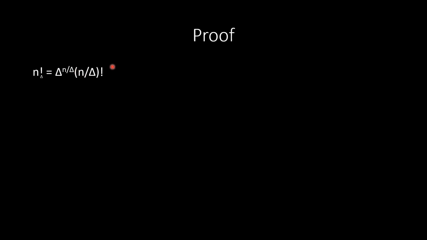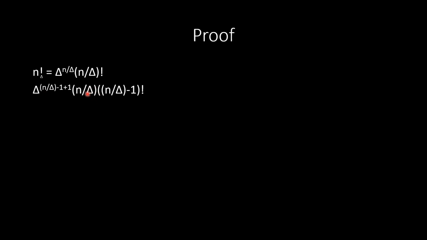And then as well, we'll take apart this factorial with the rule of the factorial being that x factorial equals x times x minus 1 factorial. Here this term says that x would be n over delta. So doing so, we have delta to the n over delta minus 1 plus 1, that's 0, and our x, n over delta, times the x minus 1 factorial, n over delta minus 1 factorial.